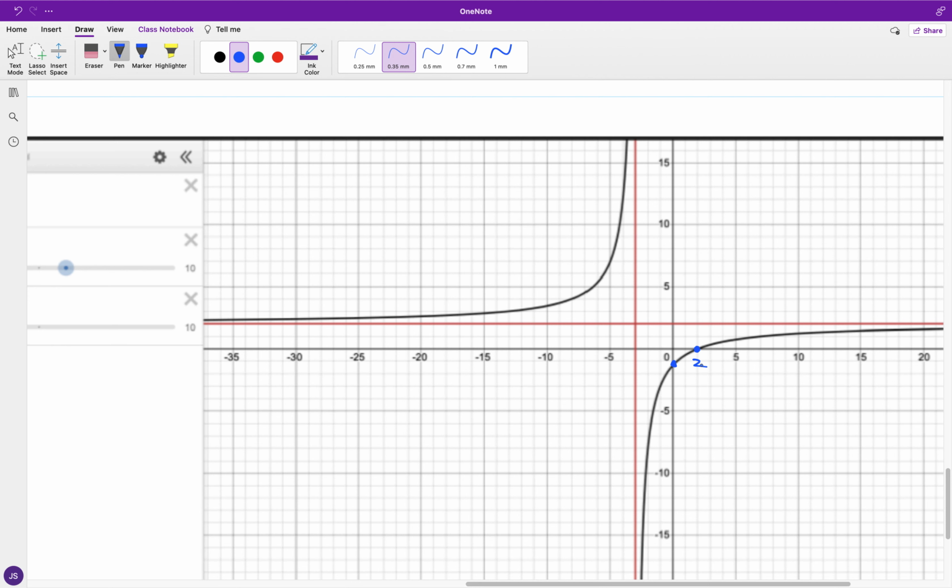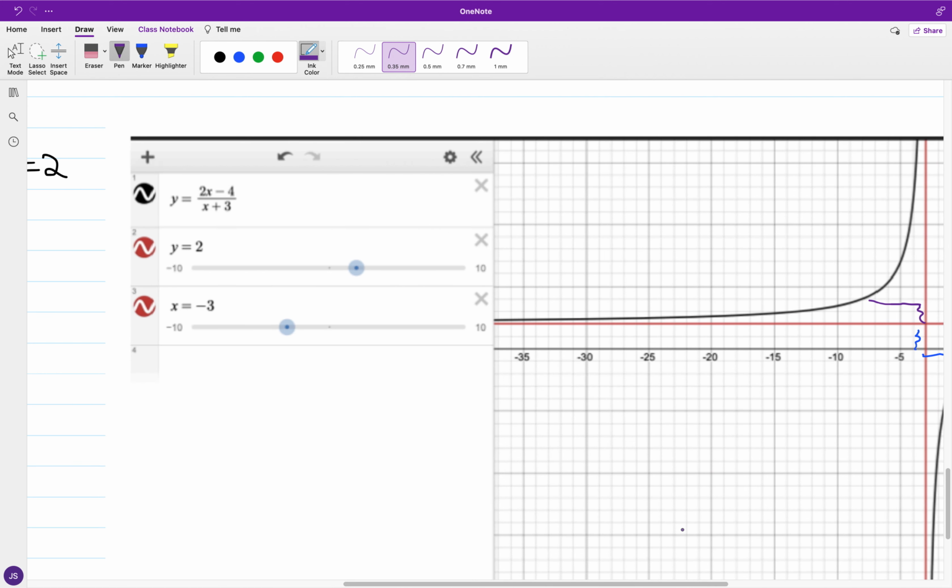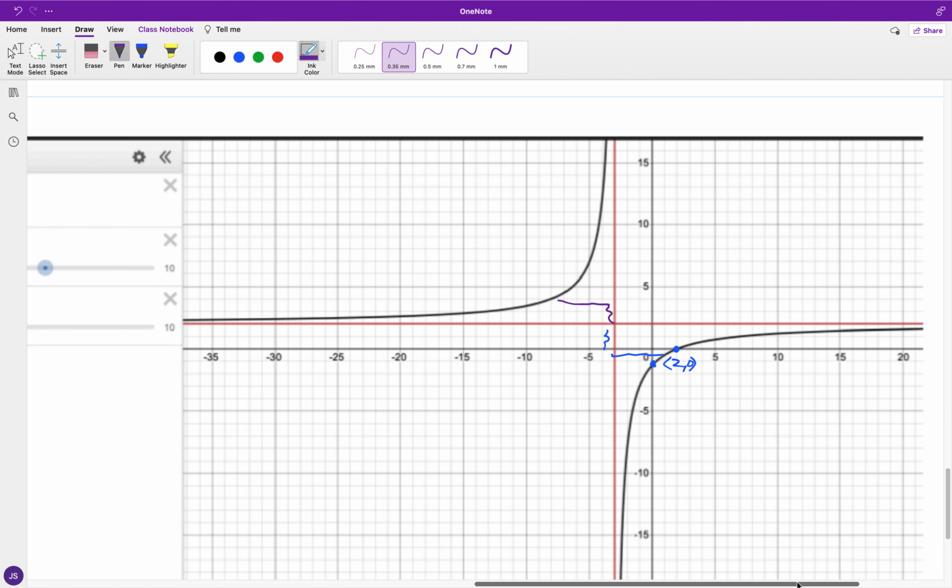Okay, so you have 2, 0 here, which is 2 down, 5 to the right. But if I invert it, going 2 up and 5 to the left, so x equal to -2, 5 to the left, that is going to be, let's see, y was equal to 2, x is equal to -3.